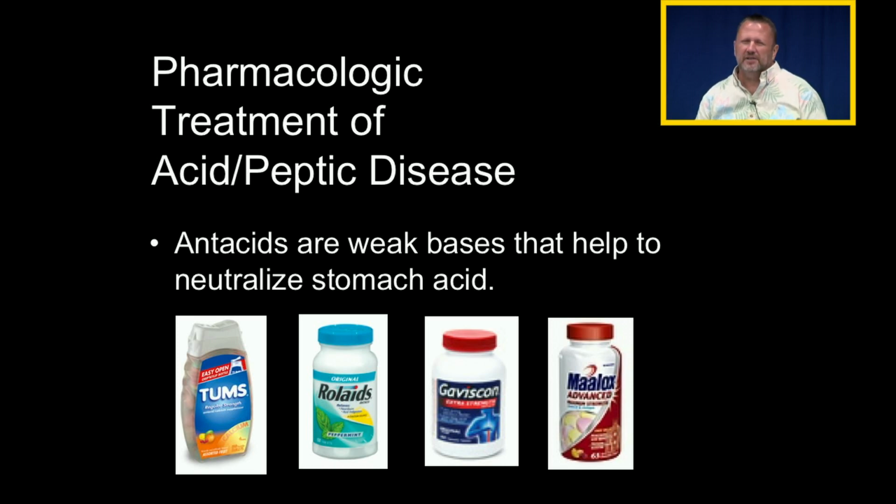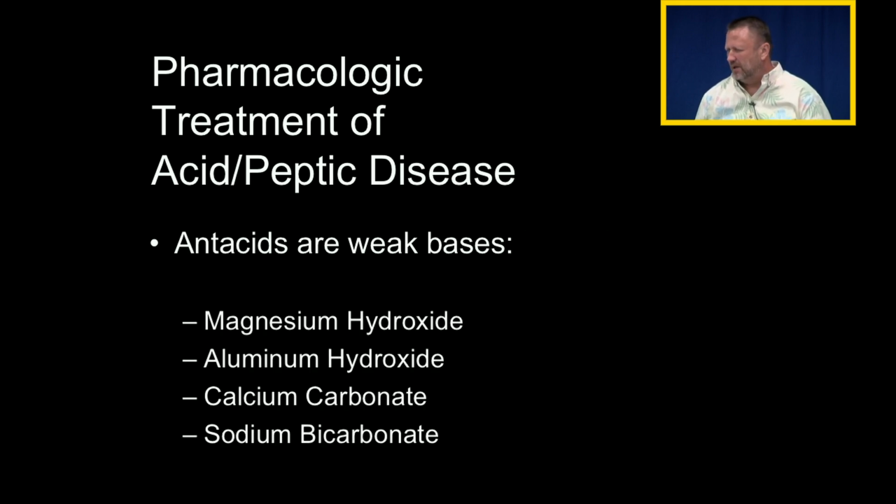All right, antacids are weak bases that help neutralize stomach acid. And we'll divide them up. These are the typical bases that are used in antacids over the counter. Magnesium hydroxide, aluminum hydroxide, and then calcium carbonate and sodium bicarbonate.